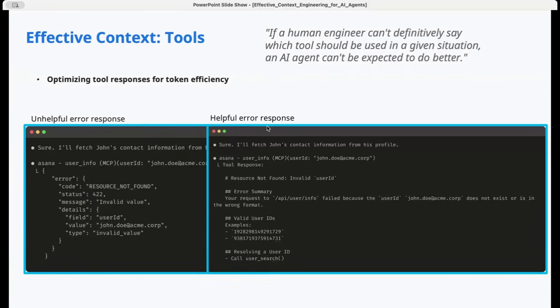A helpful tool response would directly say, okay, resource not found because of invalid user ID, and then give the error summary. It can also respond with the valid user IDs, so instead of an email name, the valid user ID should be ID codes. And then you should resolve it by a user ID, like just calling user search.